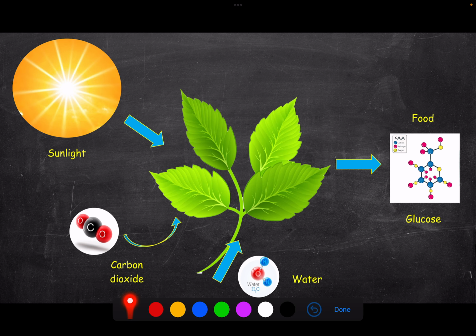And these three things, the water, the carbon dioxide, and the sunlight, are transformed into a product which is the glucose sugar, which is food that plants use to build themselves to grow. And then lastly, oxygen is released as waste because that is the extra material that is not used to make the glucose, so it is therefore released into the air as a waste product during the process of photosynthesis.